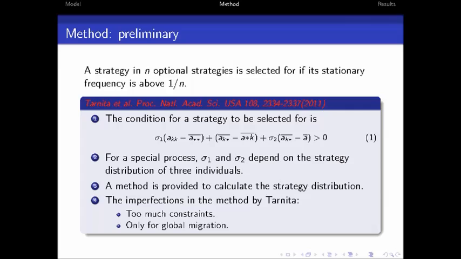However, there are some imperfections in her method. First, her method required large populations, small mutation probability, and small migration probability. Second, her method only aimed at global migration and can do nothing for local migration.